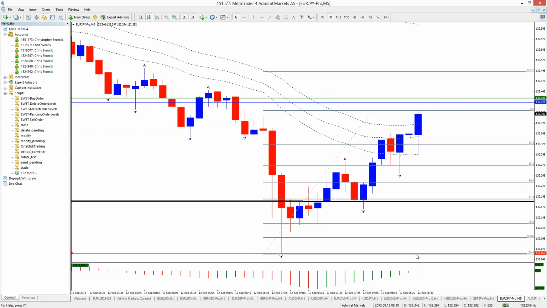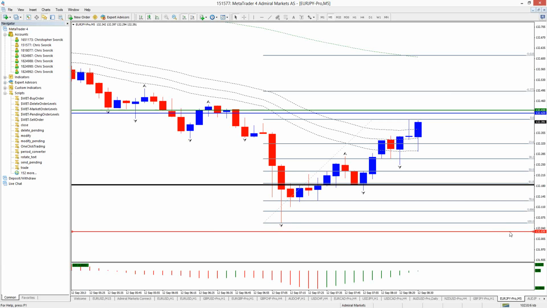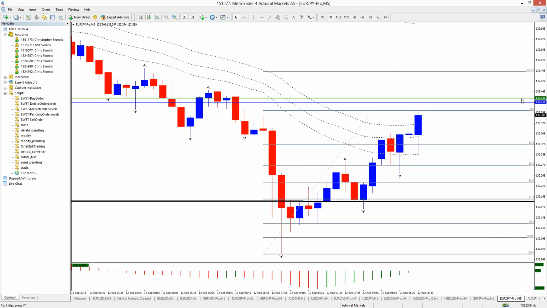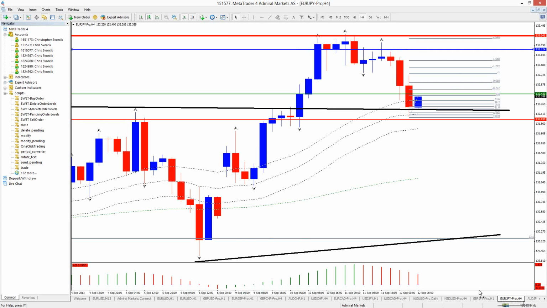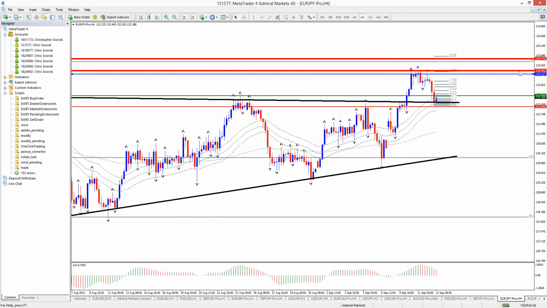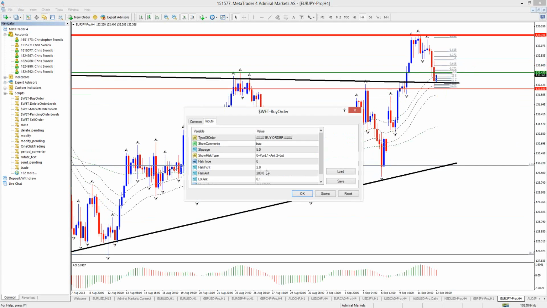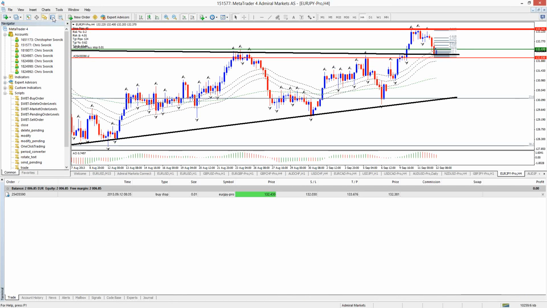Stop loss has to go all the way below the bottom though at the moment. So 132.43.